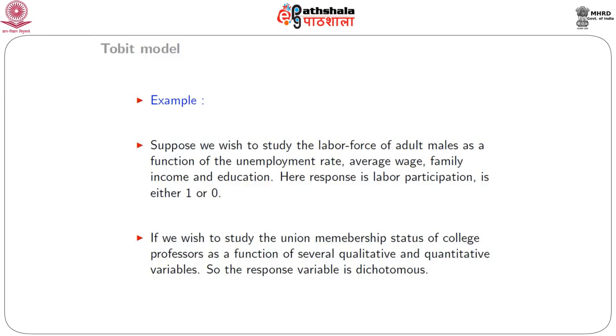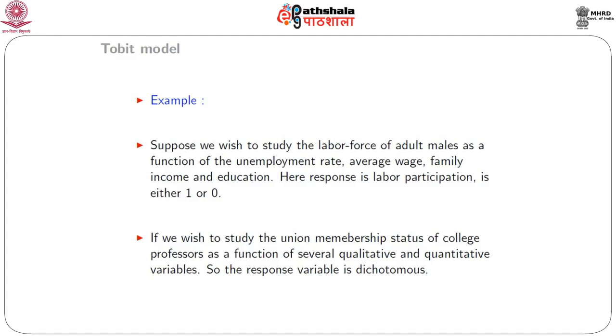This variable takes the value 1 when the individual participates in the labor force and takes the value 0 otherwise. And as we can see, this is our response, and the possible values that it can take are 0 and 1. And we wish to regress this on a bunch of continuous predictor variables.